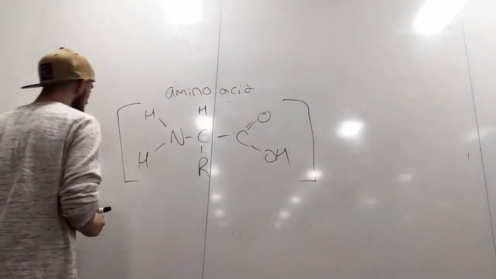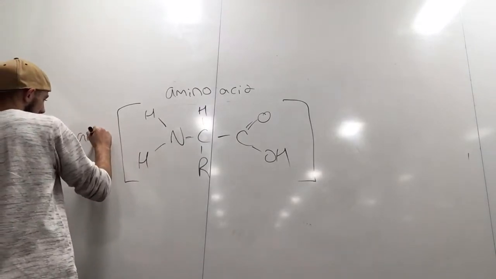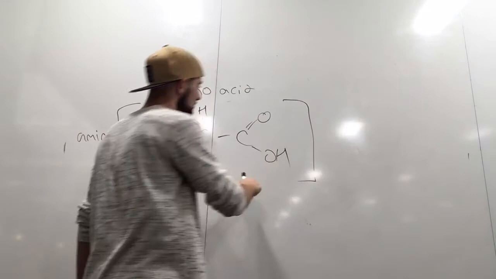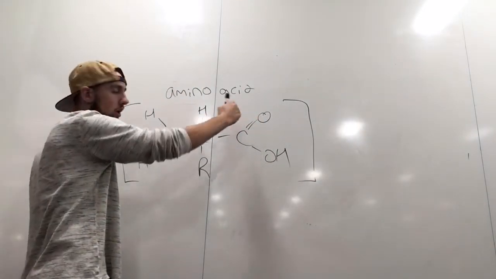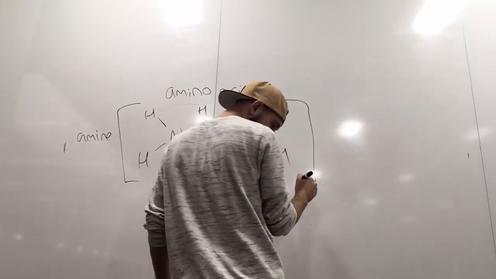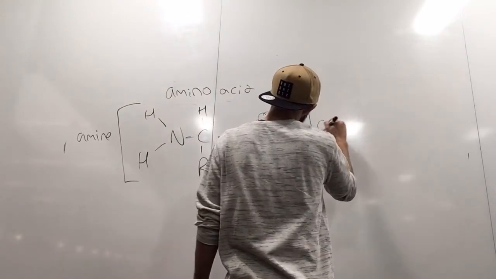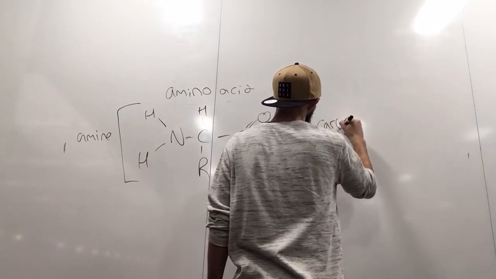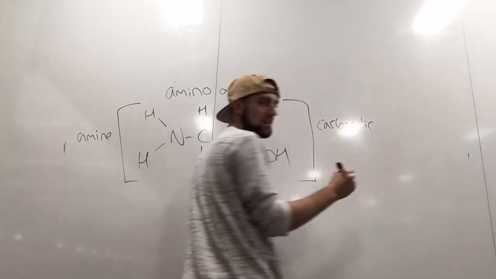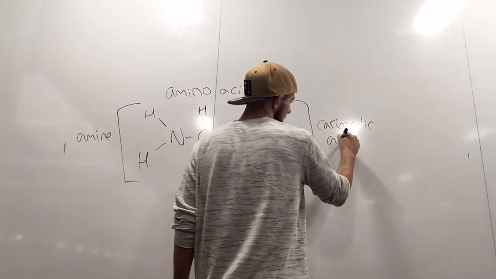This right here with the nitrogen is called an amine, okay? And this right here on the right side, with a carbon with a double bonded oxygen and a hydroxide, this is called, I always screw up with it, carboxylic acid, something like that.